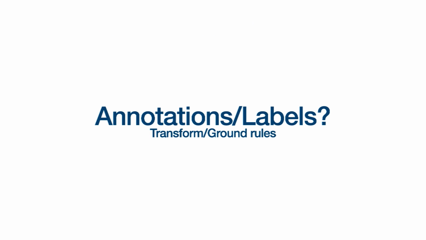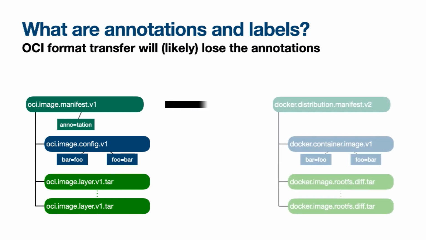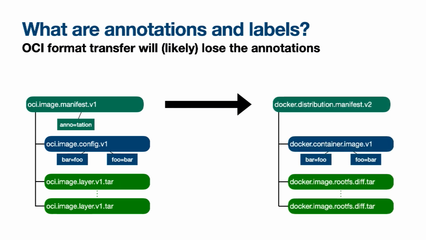And there are some ground rules that I would like to establish with this project for HPC. So first, as I discussed before, the OCI image manifest format has annotations. If you use Skopeo, for instance, to transform it into a Docker format, the annotation is going to be lost.